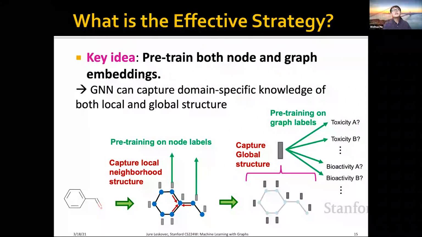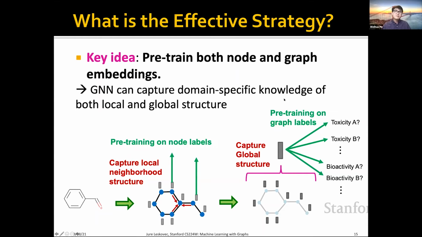So we moved on to our next question: what is an effective pre-training strategy? Our key idea is to pre-train both node and graph embeddings so that GNNs can capture domain-specific knowledge about the graph at both the local and global level.